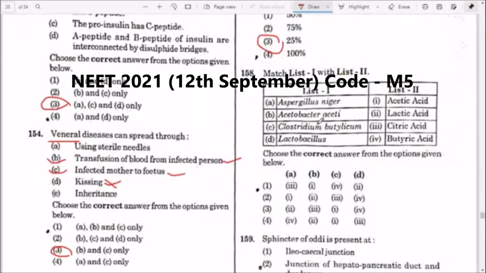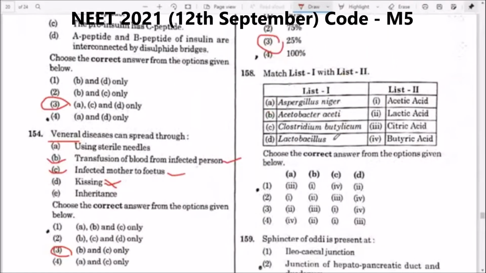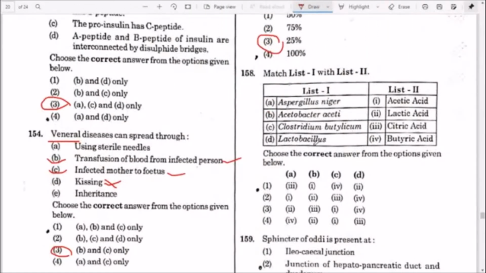Aspergillus niger, Acetobacter aceti, Clostridium botulinum, and Lactobacillus; acetic acid, lactic acid, citric acid, butyric acid. Choose the correct option below. It is 1. Aspergillus niger, citric acid; Acetobacter aceti, acetic acid; Clostridium botulinum, butyric acid; and Lactobacillus, lactic acid.